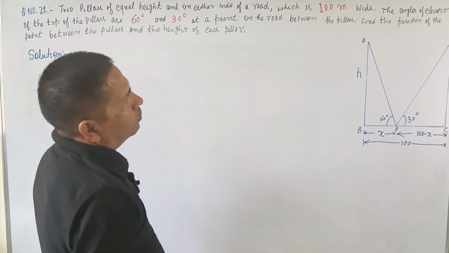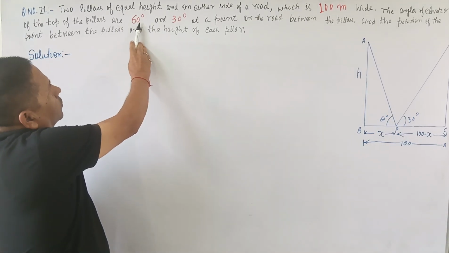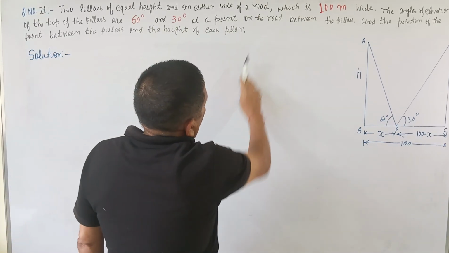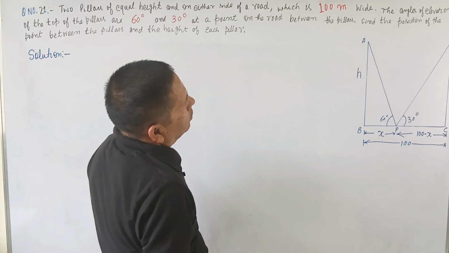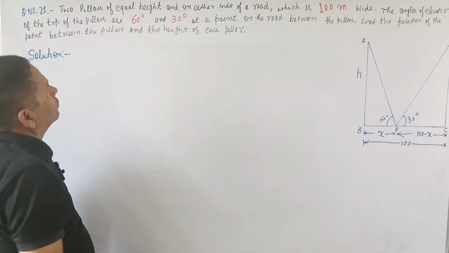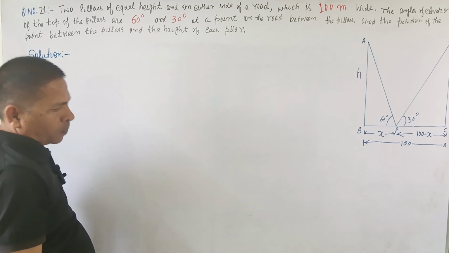The angles of elevation at the top of the pillars are 60° and 30° at a point on the road between the pillars. Find the position of the point between the pillars and the height of each pillar.